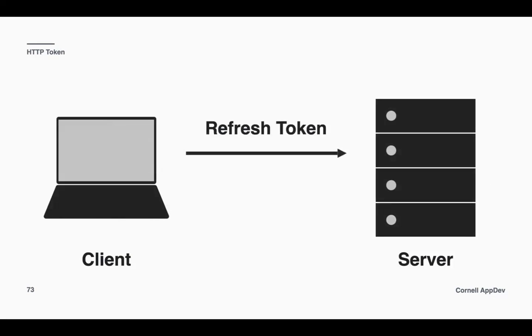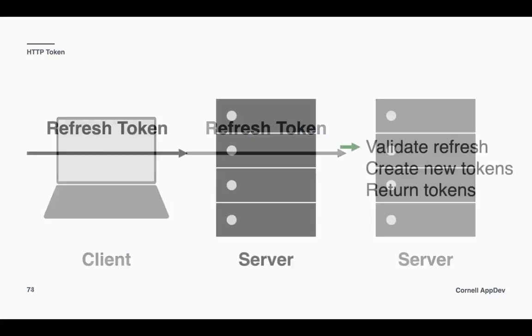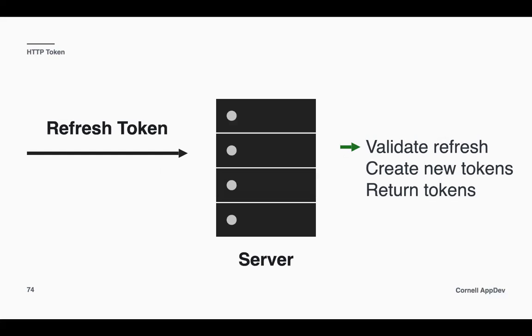If I have an expired access token, the neat thing I can do is send in my refresh token on a separate endpoint, like a POST endpoint called refresh. With this refresh token, the server will validate that this is the one in the database for me. And then it is going to create two new tokens, one new refresh token, one new access token with updated expiration times, and then send those back to the client.